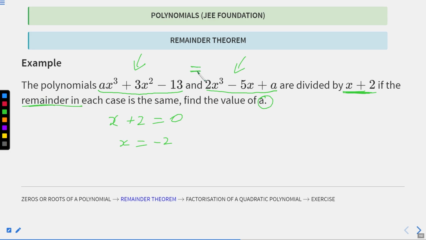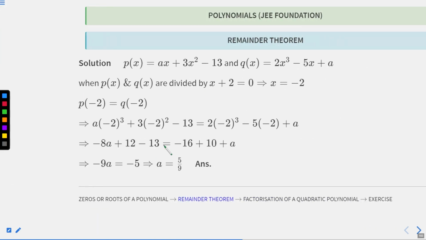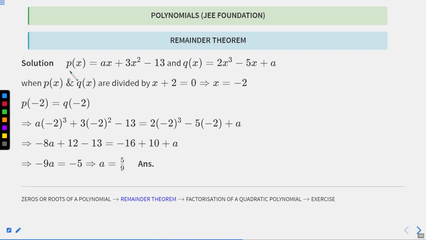That's why I am putting both expressions equal to each other after x is equal to minus 2. So we have two polynomials, p of x and q of x, and I get the remainder by putting x equal to minus 2. Now p of minus 2 is my remainder for this polynomial, and q of minus 2 is my remainder for this polynomial, and we know from the question that both remainders are the same. That's why I use this equal sign over here.